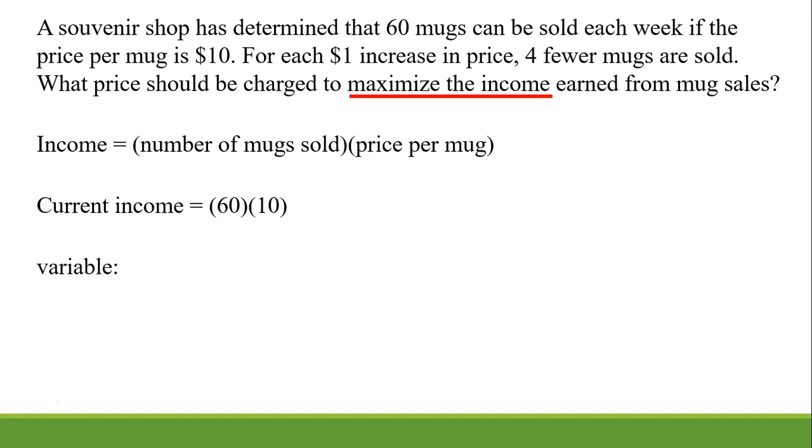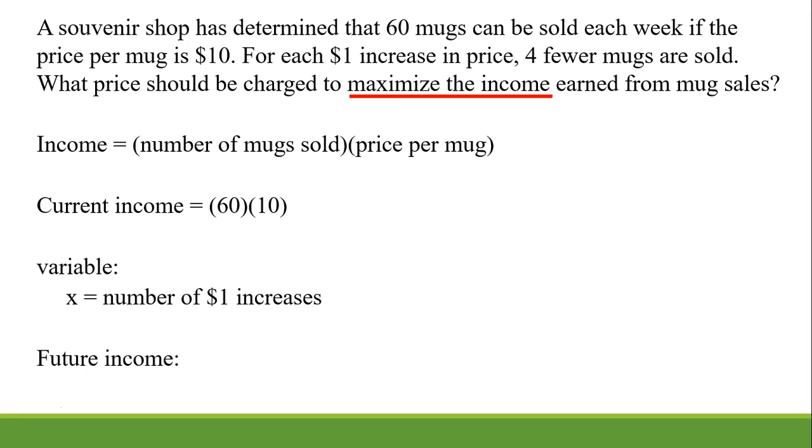Now the variable in a problem is the thing that is going to change. And in this case, what's going to change is the price that's being charged for a mug. So since we're changing the price in $1 increments, we'll let x be the number of $1 increases in price. How does the income change if we change the price by a certain number of $1 increases?